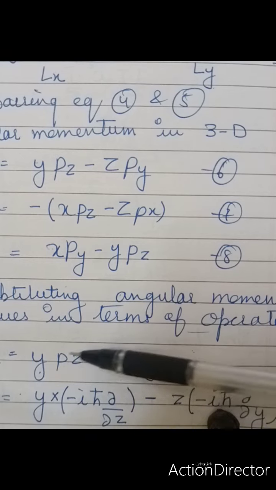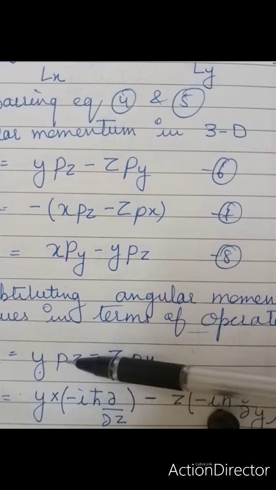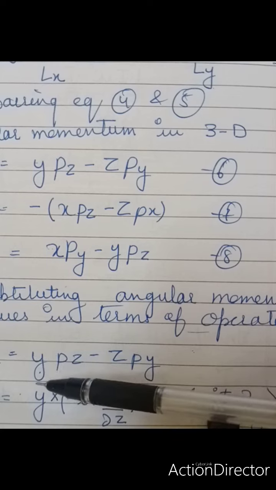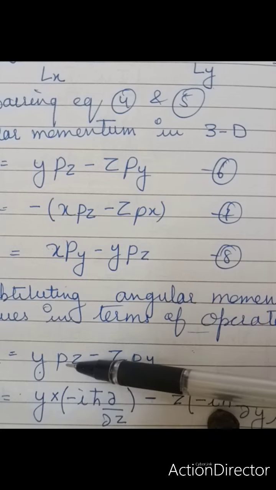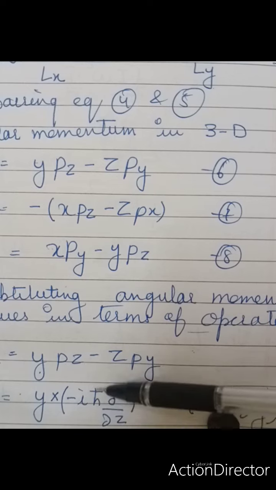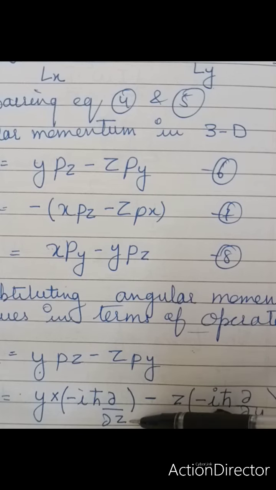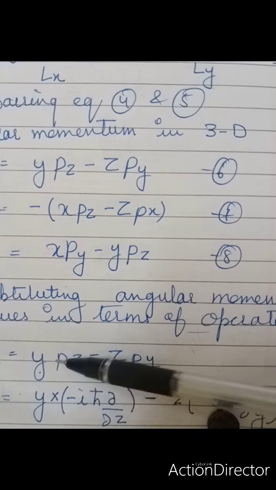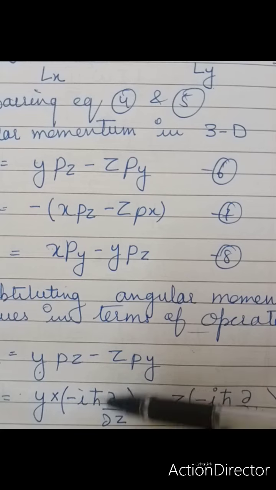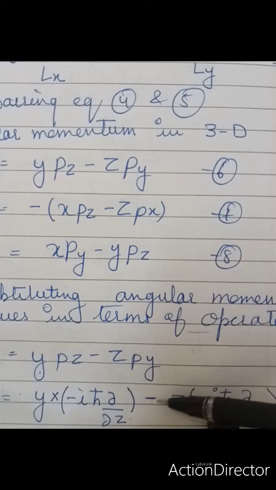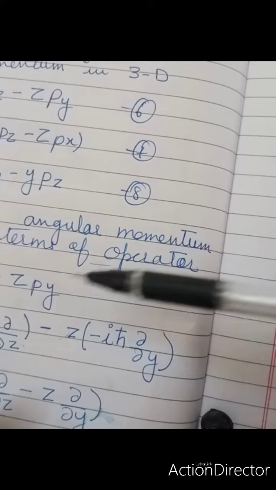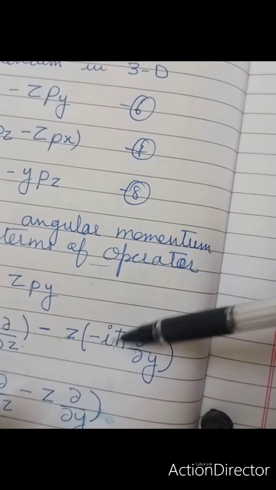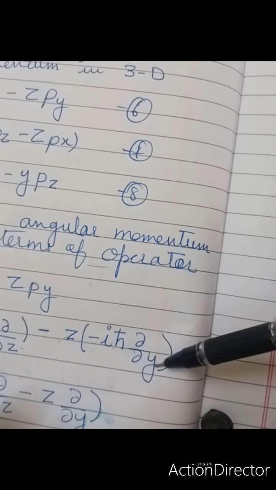We put the value of p, which is minus i h cut del by del. So for pz it will be minus i h cut del by del z, and for py it will be minus i h cut del by del y.